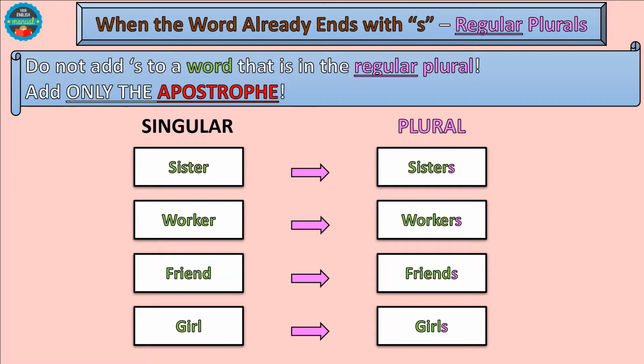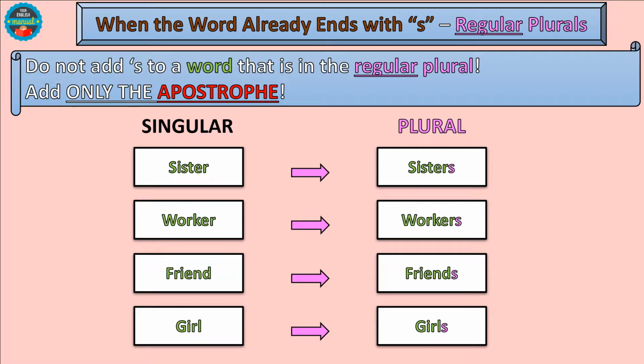Please notice that sisters is the plural of sister. To put this word in plural, we simply add the s. So we don't have to add another s there, just to indicate possession. We just need to put the apostrophe. But be careful, the apostrophe always comes at the end of the word.